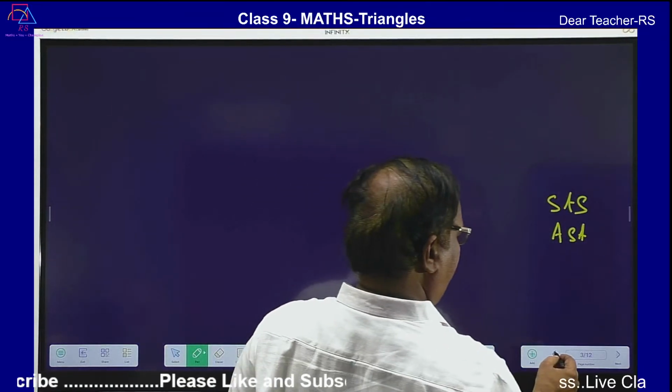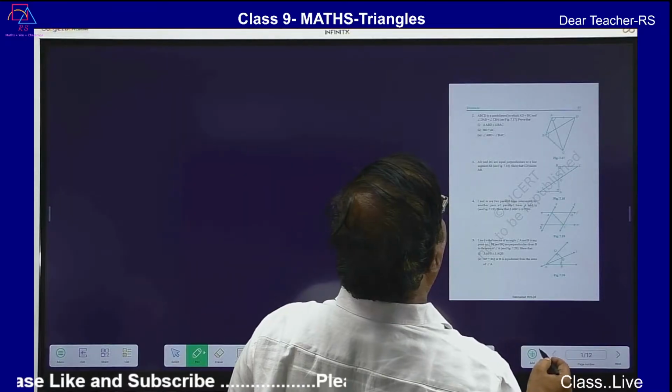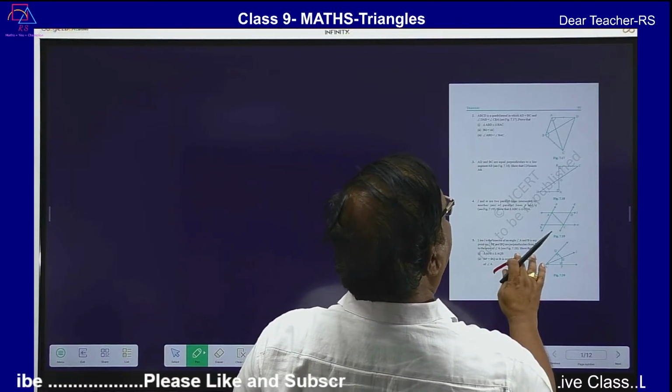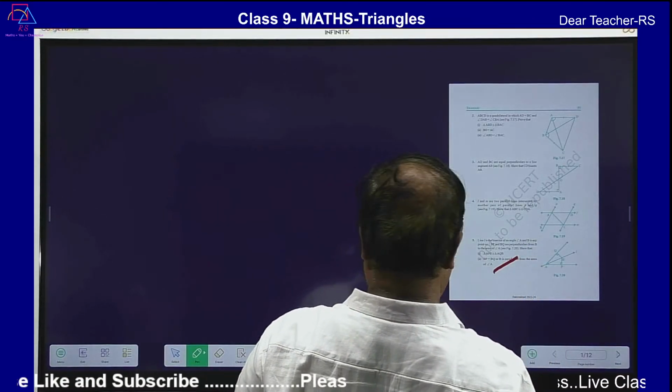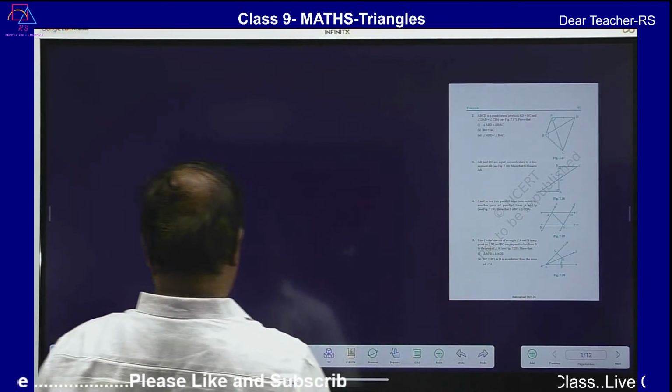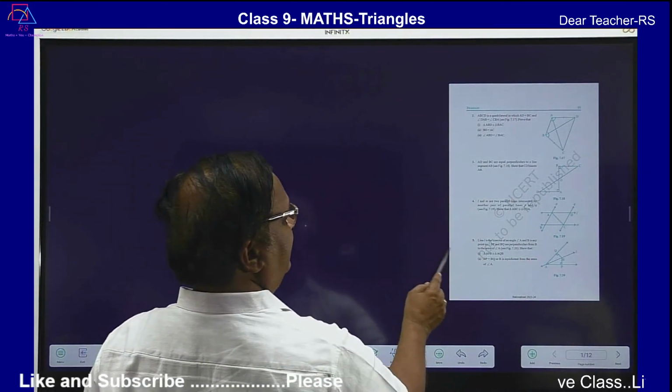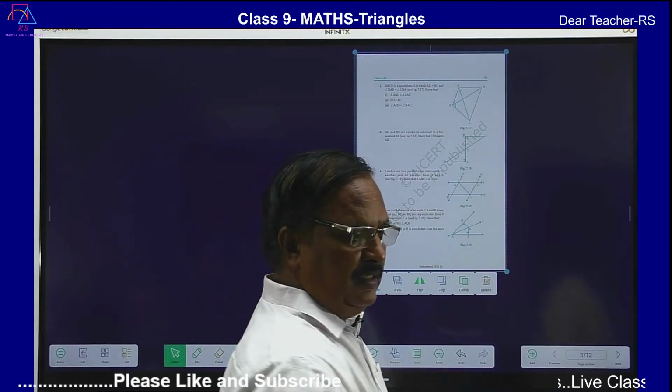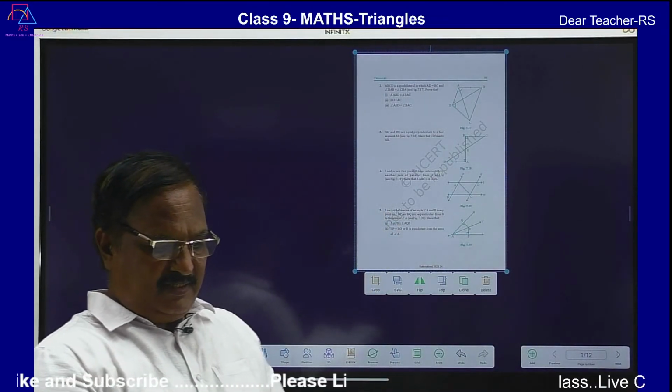Okay, this is the second sum onwards we have to do. So this is which exercise?